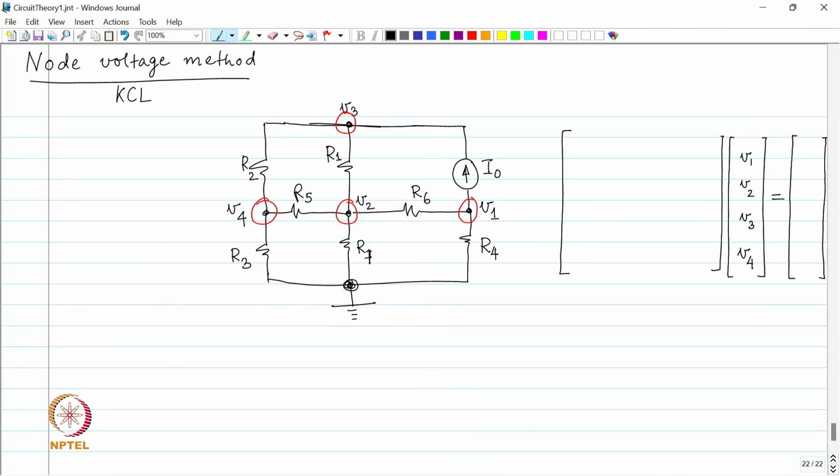Now, we go to node 1. So, V 1 by R 4, please jump with me, V 1 by R 4 plus V 1 minus V 2 by R 6 plus I naught is equal to 0.